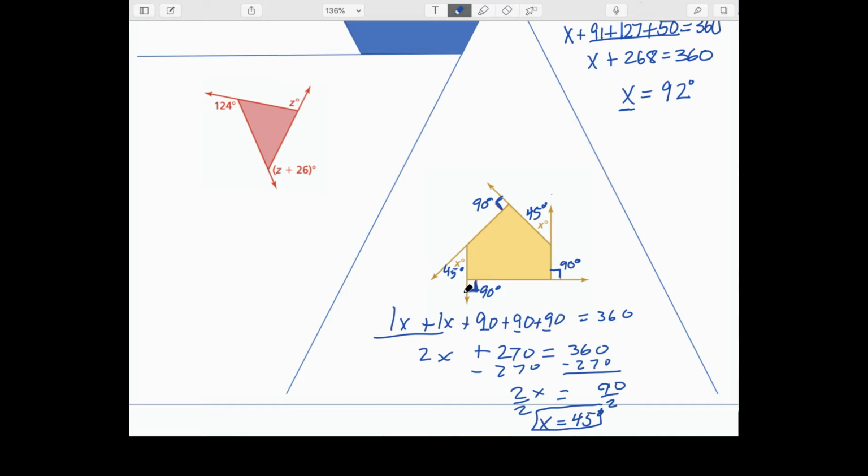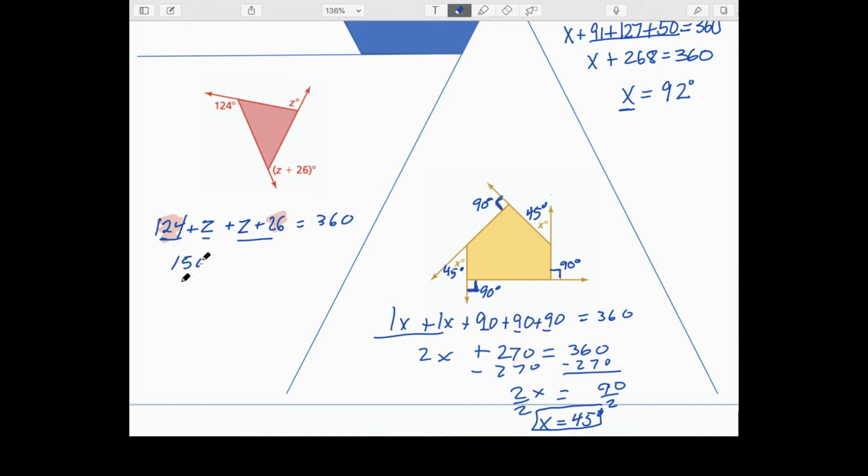Okay, let's take a look at this next one. This is a little different. Well, no, not really. 124 plus z plus z plus 26, the three angles added, equals 360. Combine like terms, 26 and 124, so 150.